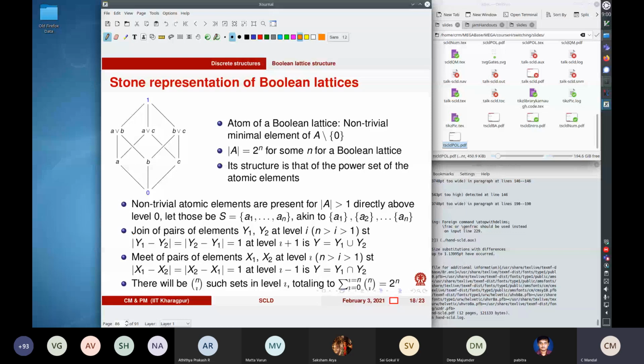In the case of a power set lattice, the only difference is that if you consider these as sets, this is just replaced by the union of these sets.